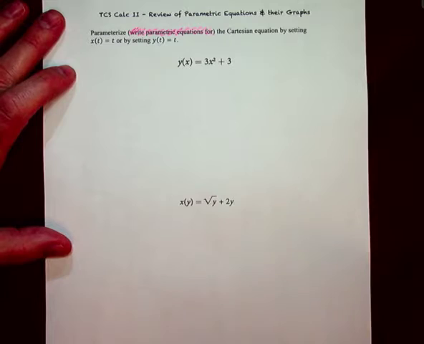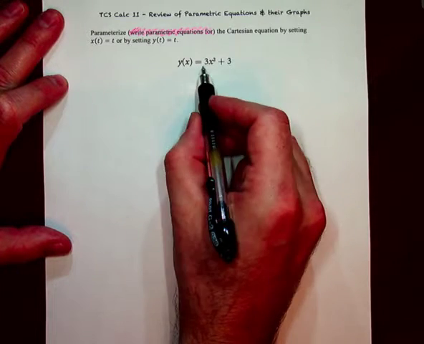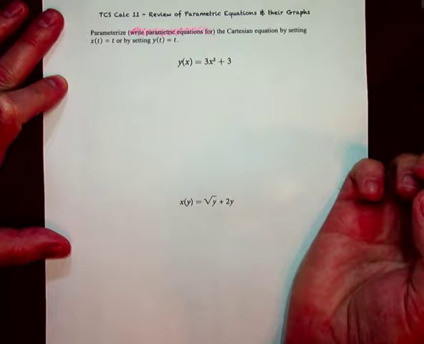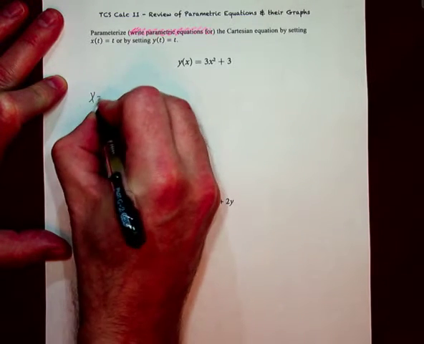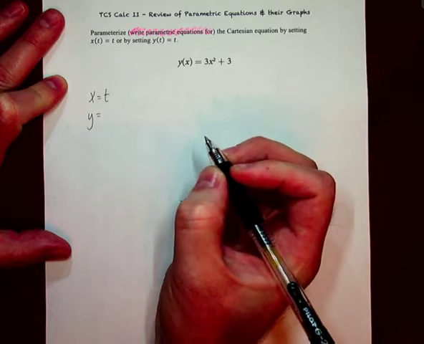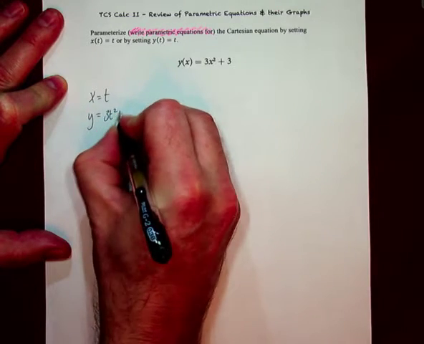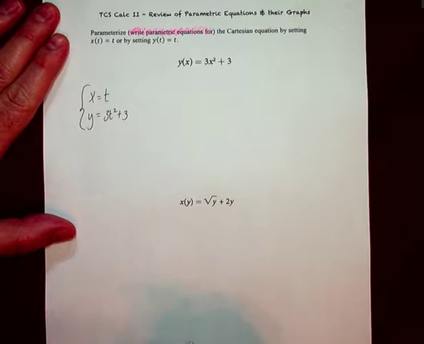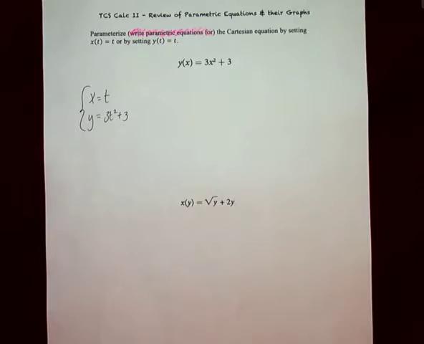So, okay, if I have y of x is equal to 3x squared plus 3, well, there are plenty of ways that we can do this. If x is equal to t, then y, of course, is going to be what? Well, then it's just 3t squared plus 3. Okay. Well, let's do it another way.